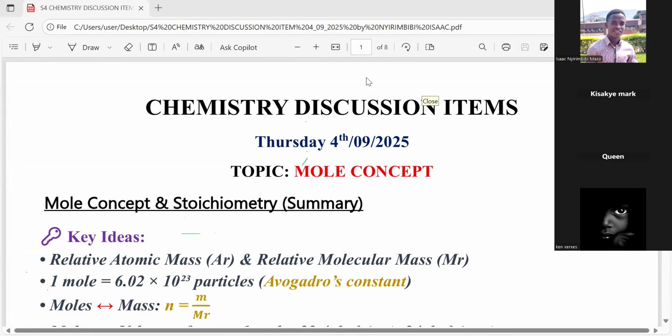We shall be beginning directly with our topic, mole concept. Many learners have been asking for some discussion on this topic, and today, on 4th of September 2025, we shall be looking at an overview of this topic, and then we calculate a number of items, scenario-based items, and the standard items as regards this topic.